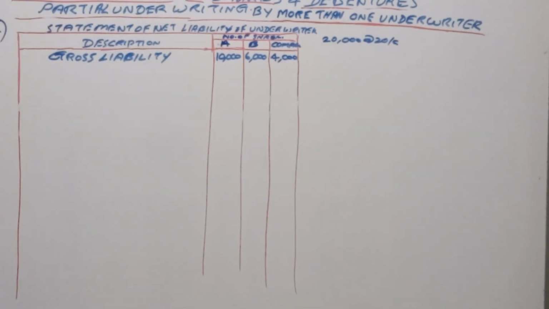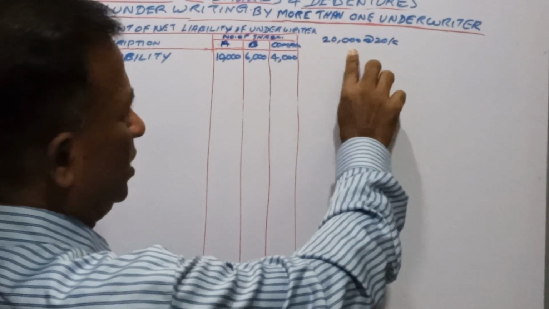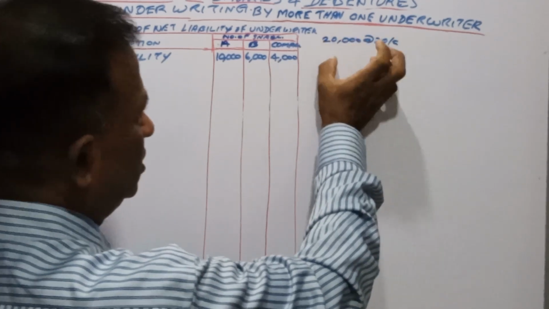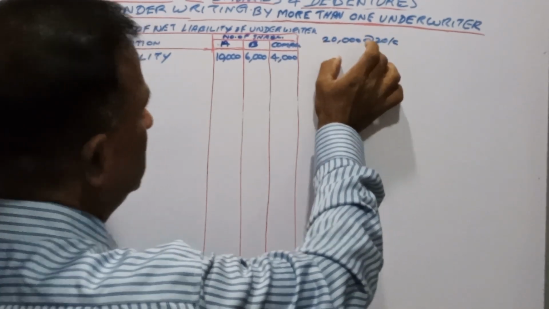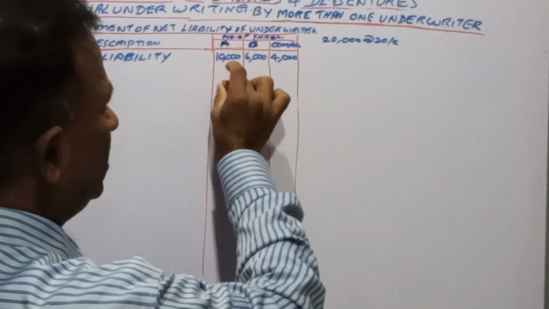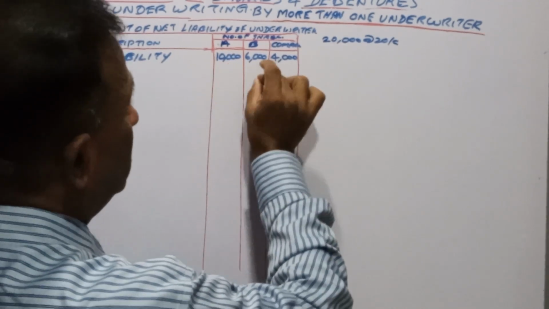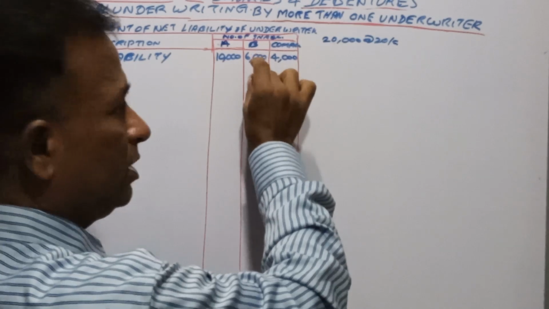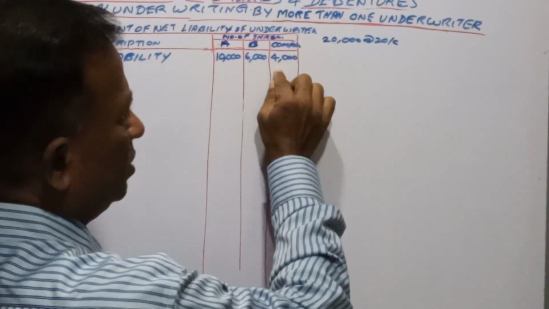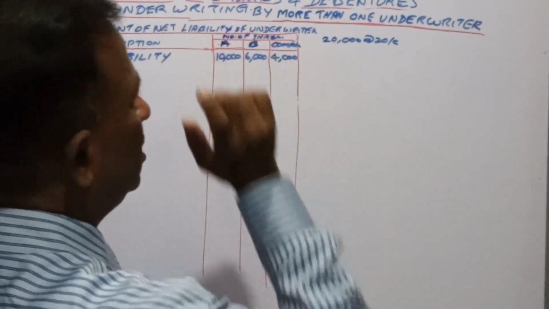The issued share capital is 20,000. Out of the issued share capital of 20,000, 10,000 is given to underwriter A and 6,000 to underwriter B. The remaining 4,000 is taken by the company.